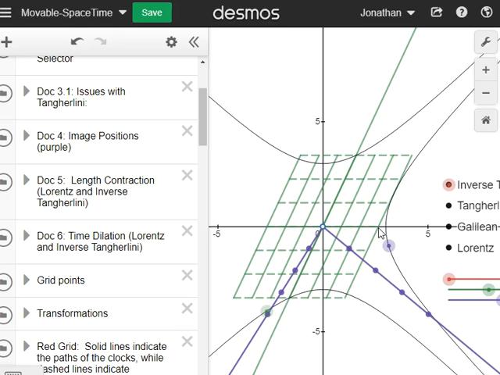So what the inverse Tangerlini transformation does is it duplicates the time dilation and the Lorentz contraction of special relativity, but it tries to preserve the, what's it called, simultaneity. This, if you don't mind that it changes the speed of light, then that's all good.